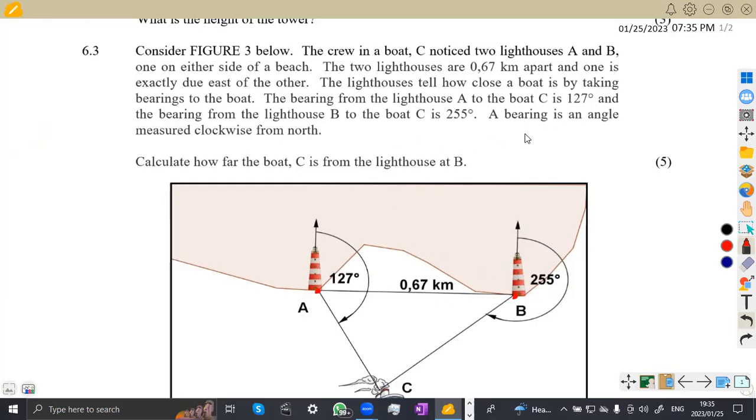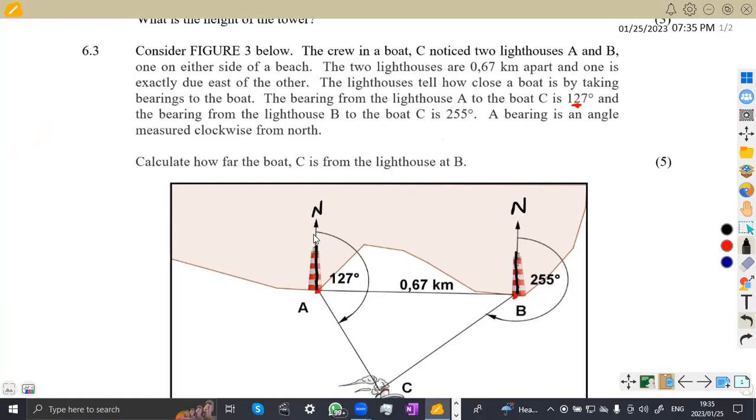Then we are given that taking bearings from A, the boat is 127. Remember that this type of bearing is taken from the north. So this is a north pole that we see at point A, and we've got a north pole here as well, which means we're having a vertical line.